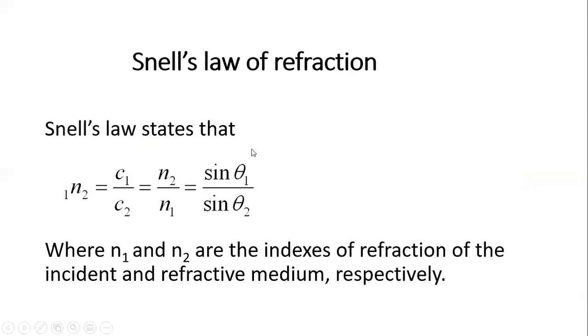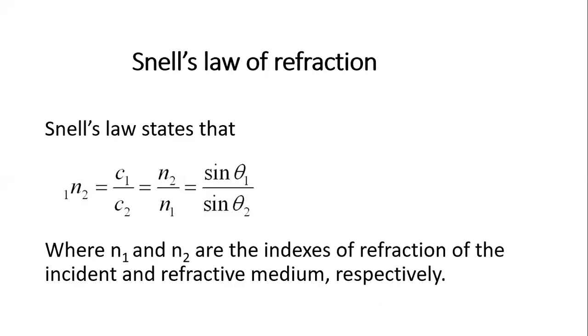The theta 1 is the angle of incidence, which is in air, and the theta 2 is the angle of refraction inside the glass. So right here, N1 and N2 are refractive indices of the media. That means N1 is the refractive index of air and N2 is the refractive index of glass. Okay, this is Snell's law.